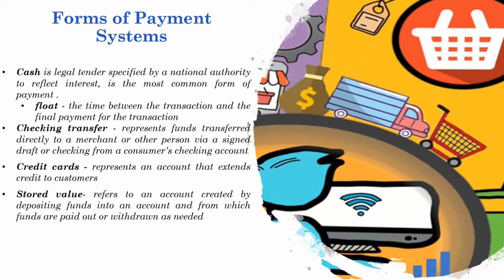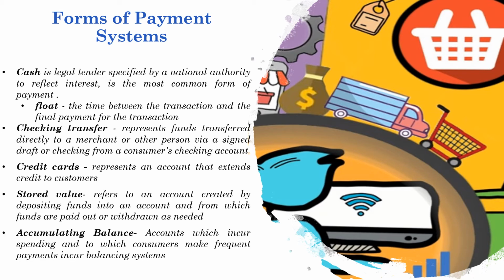How about stored value? It refers to an account created by depositing funds into an account, from which funds are paid out or withdrawn as needed. Debit cards immediately debit a checking or other demand deposit account.